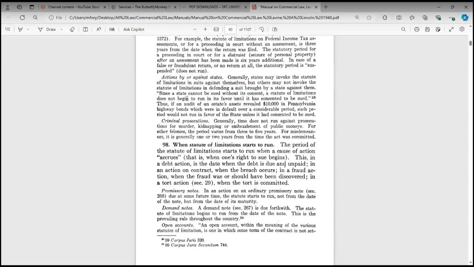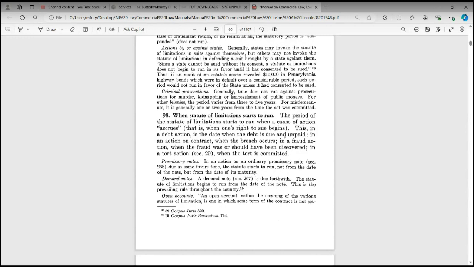A statute of limitations does not begin or run in its favor until it has consented to be sued. Thus, if an audit of an estate's assets revealed $10,000 in Pennsylvania highway bonds, which were in default over a considerable period, such period would not run in favor of the state unless it had consented to be sued.